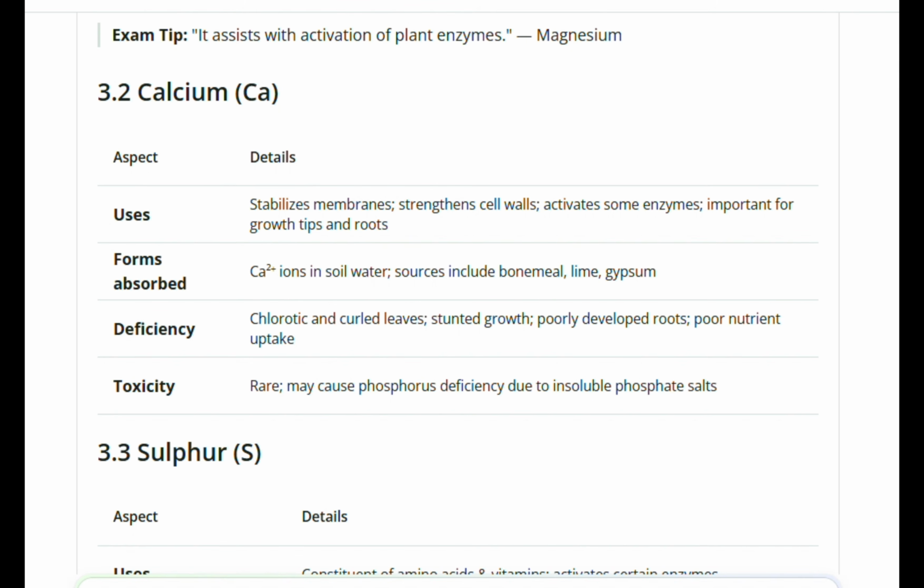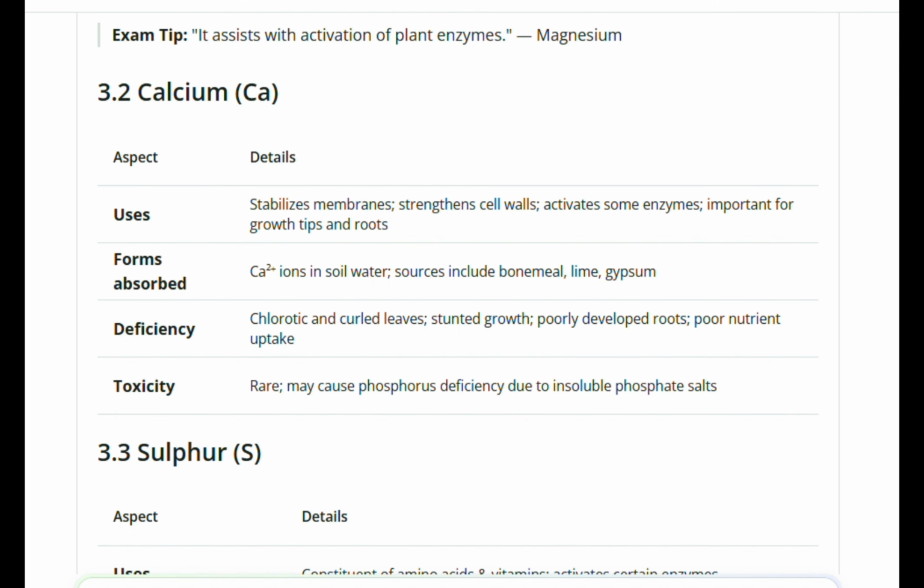It is used for the development of growth tips and roots. The form in which it is absorbed is Ca2+ ions in soil water.